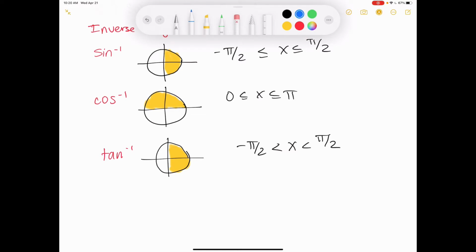Okay, so with extraneous solutions, basically these are solutions to the problem that aren't actually true.